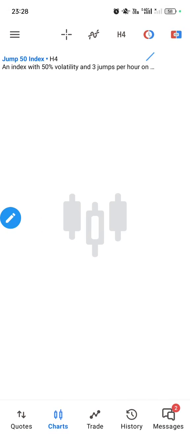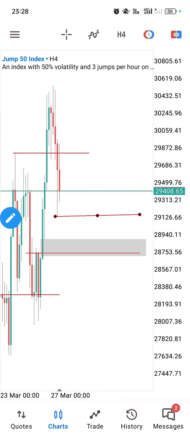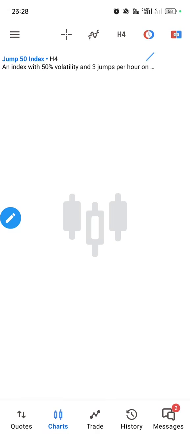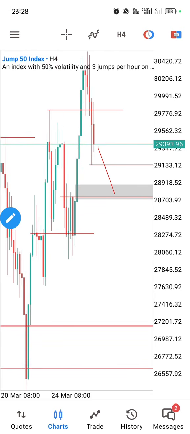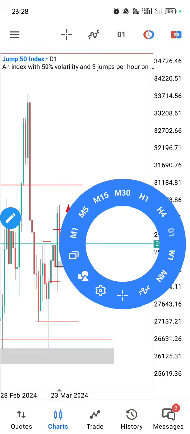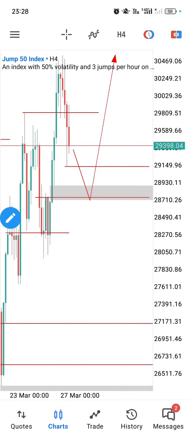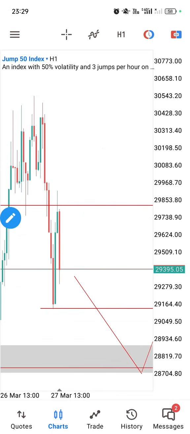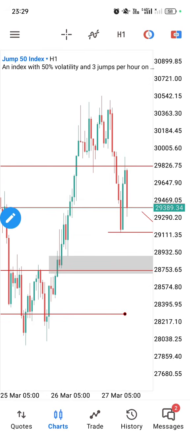If price shoots down below the internal sell side liquidity there, it's going to form a stop hunt, fill the fair value gap, hit the 4-hour OB, which is the same level as the rejection, and then shoot up possibly to the buy side liquidity or the internal buy side liquidity above there, but we have to keep looking at how price behaves after it shoots up.